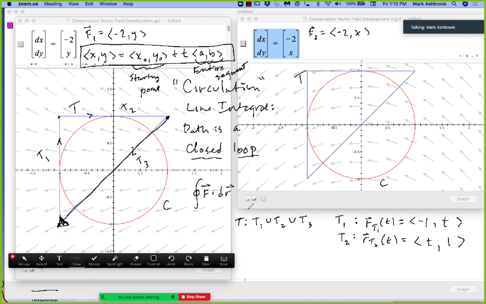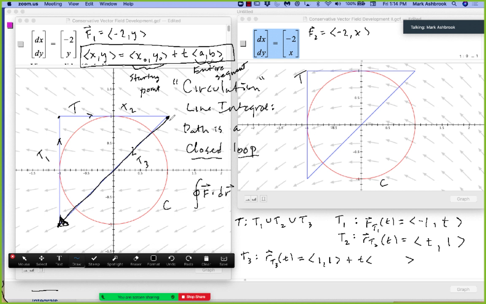So now down here for T3, what would the starting point be in our case? 1, 1. So now I'm doing R of T3 of t, and that's going to be 1, 1, plus t times, and then what's the vector whose tail is at the starting point and tip at the ending point? What vector is that? -2, -2. He wants -2, -2. The rest of you agree with that?